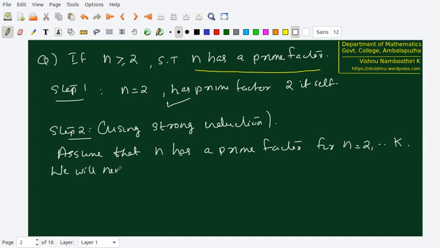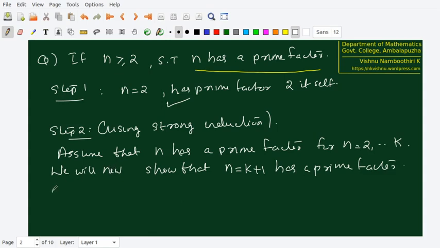We will now show that n equal to k plus 1 has a prime factor. So we are going to show that n equal to k plus 1 has a prime factor using the fact that if n equal to 2, 3, etc. up to k, then it has definitely a prime factor.